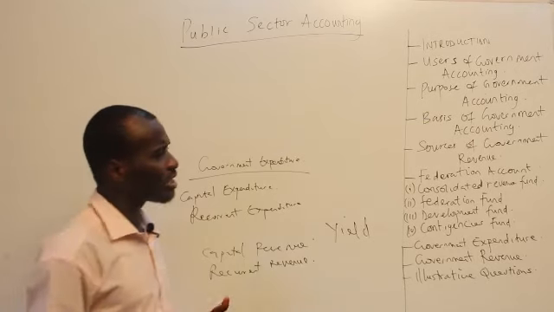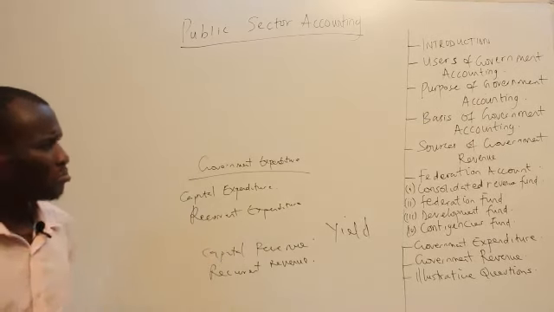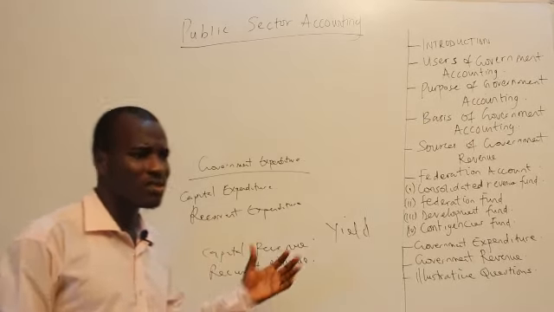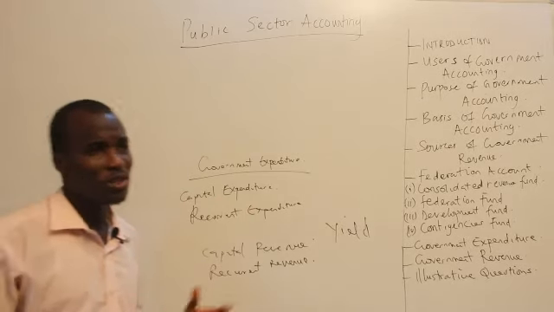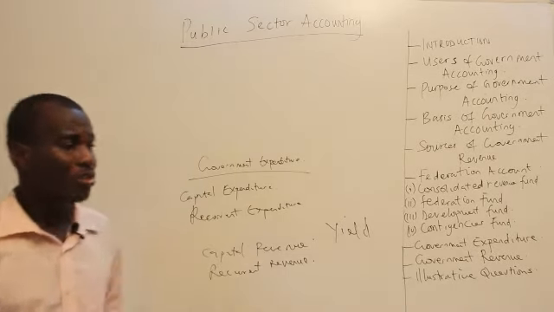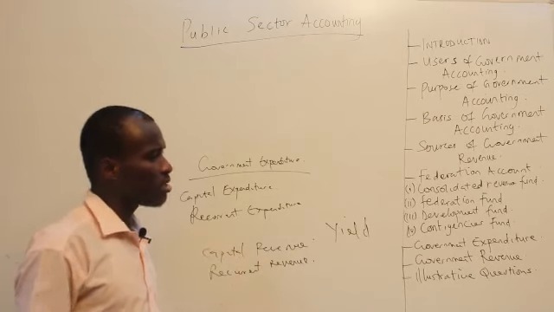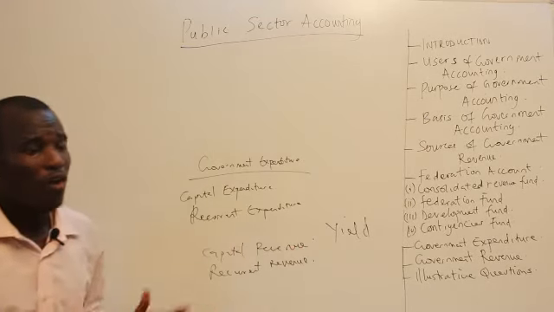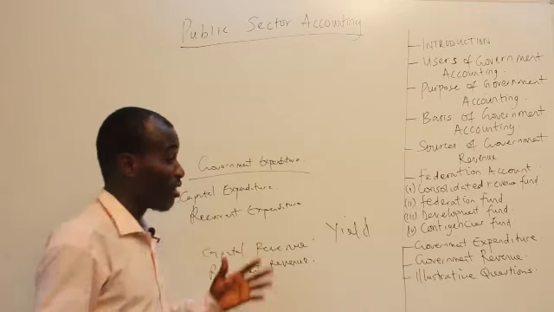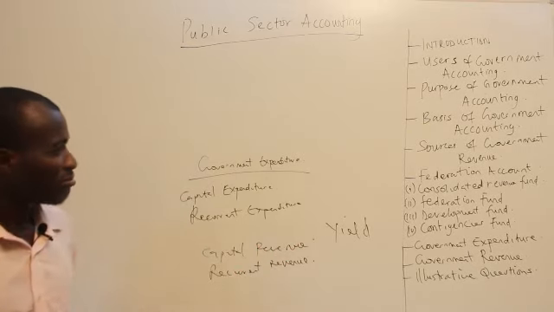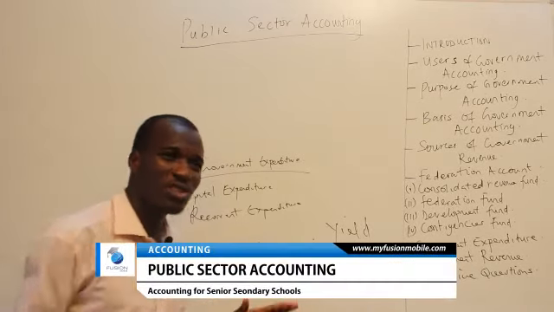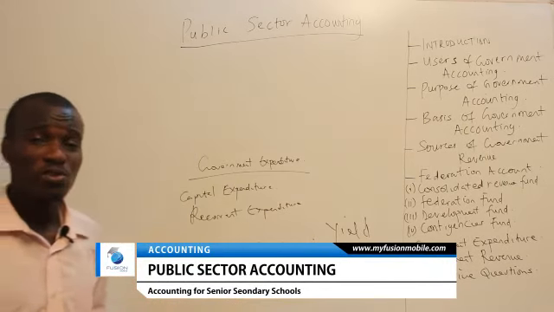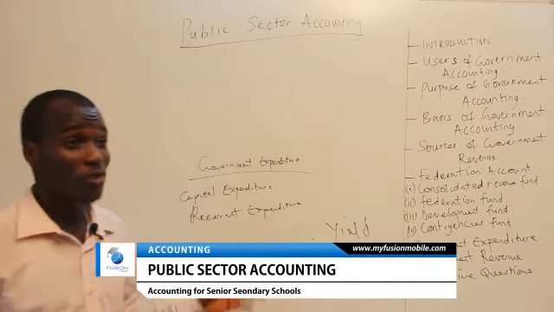We are going to prepare the income and expenditure account also, to see the government's total sources of income and total expenditure. Also, we are going to look at different allocations of revenue, either from the states to the local governments or from the federal government to the state governments, and so on.